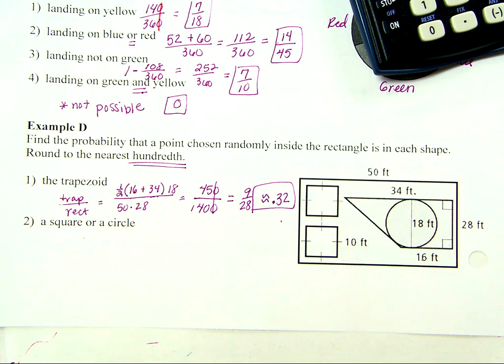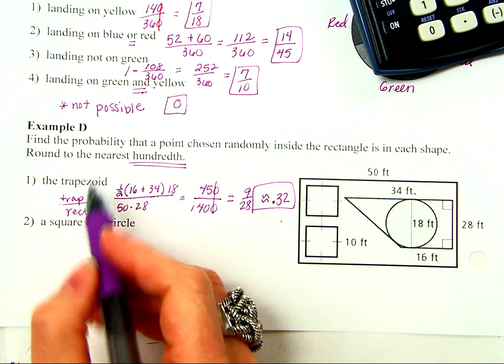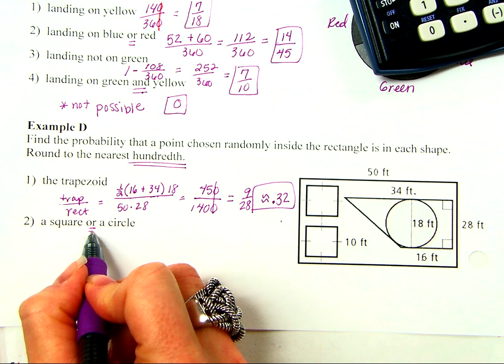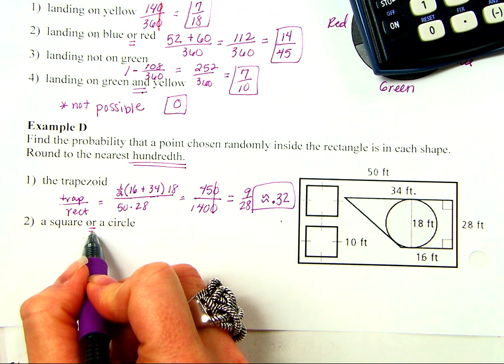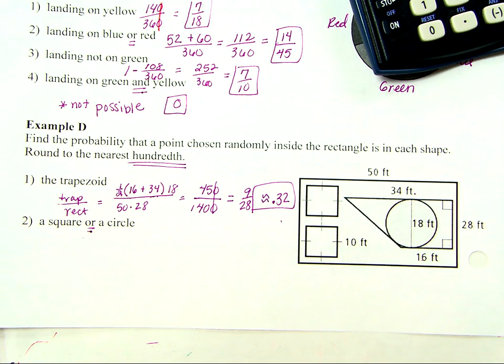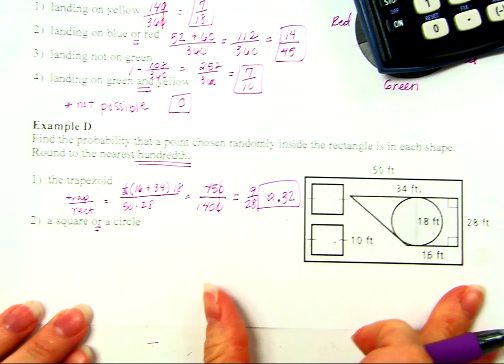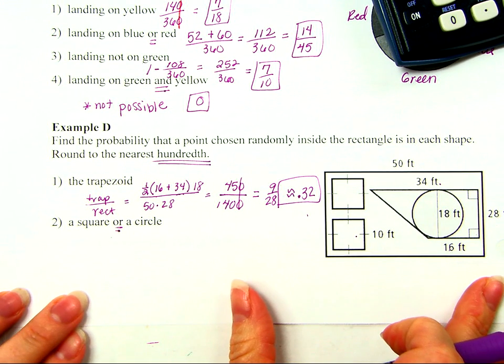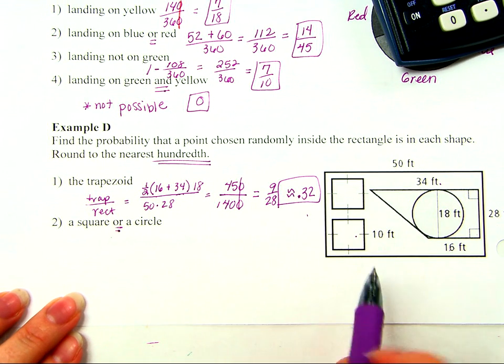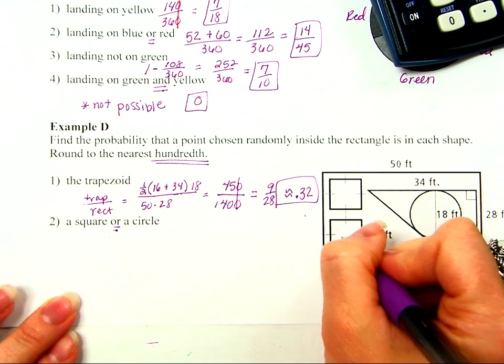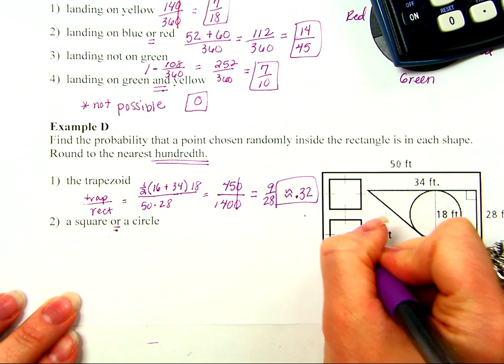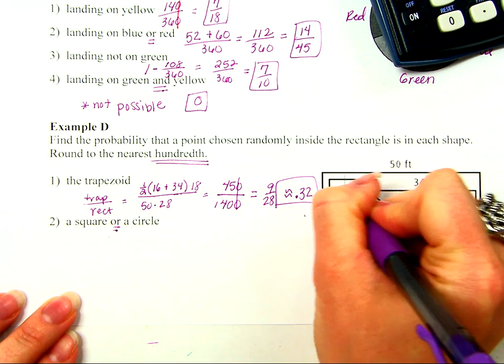Question 2, what is the probability that we will pick a point in the square or the circle? Now, is it possible to pick a point in the square or the circle? Well, sure, one or the other, that can happen, but I see I have two squares here. So when I'm comparing my area, well, my square is a 10 by 10, so I know that this is 100 and this is 100.